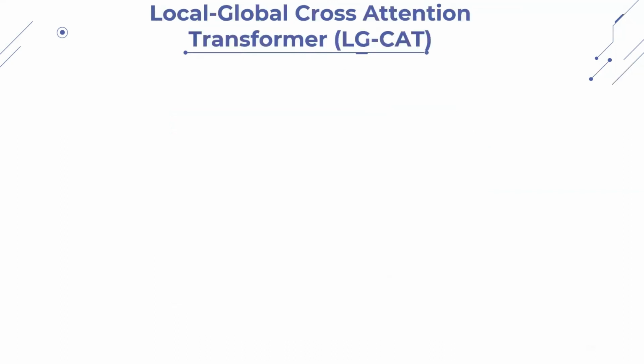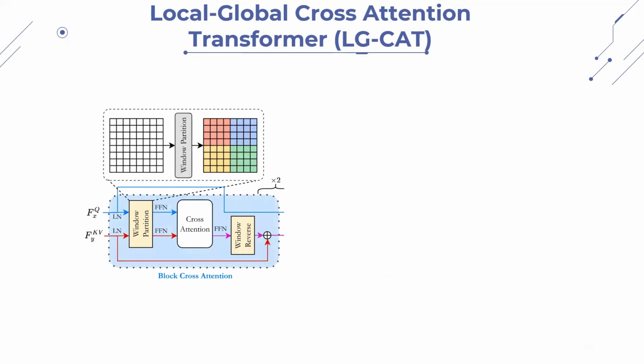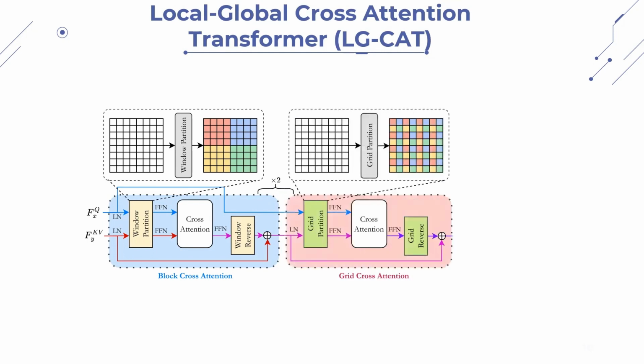In our proposed Local Global Cross Attention Transformer, in short LGCAT, firstly, features are partitioned into local dense windows by block cross attention, enabling local symbiotic enrichment. Then grid cross attention partitions the resultant features into global sparse windows, facilitating global information sharing beyond limited receptive fields.